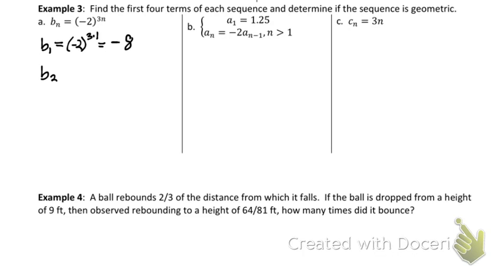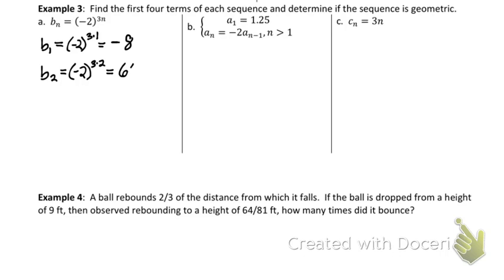Alright, b sub 2 is going to equal negative 2 to the 3 times 2. And that's going to equal, is that 64? I've already lost my sheet. Is it 64? Yeah. Okay, thanks.